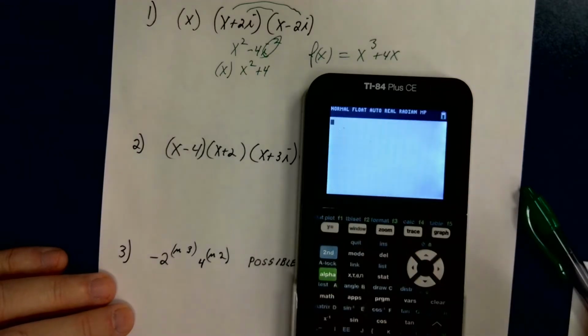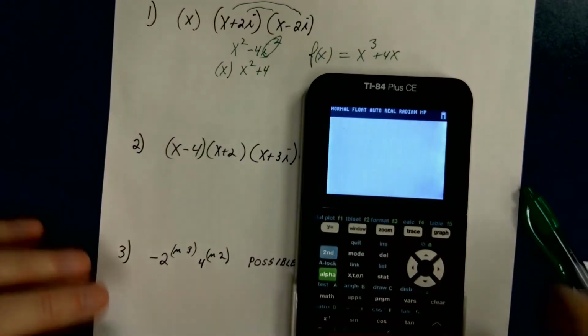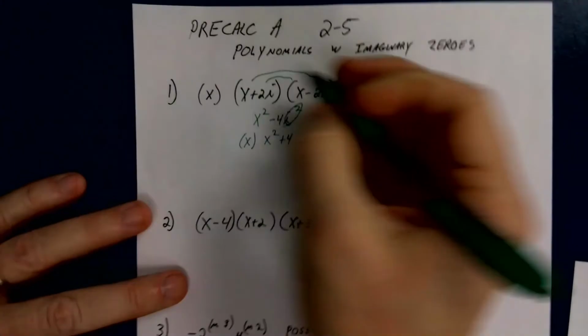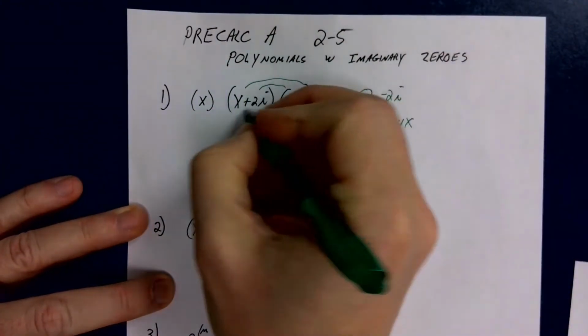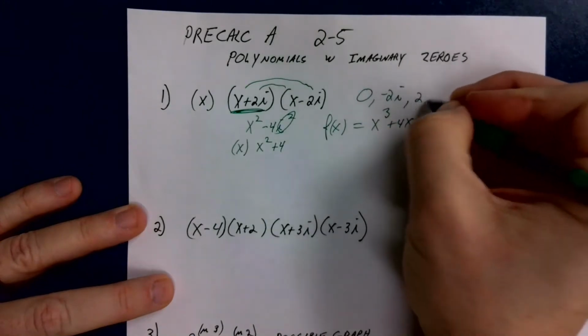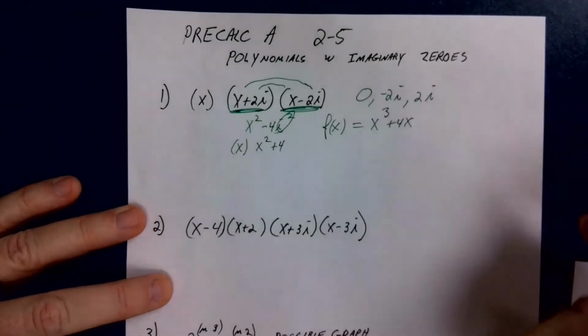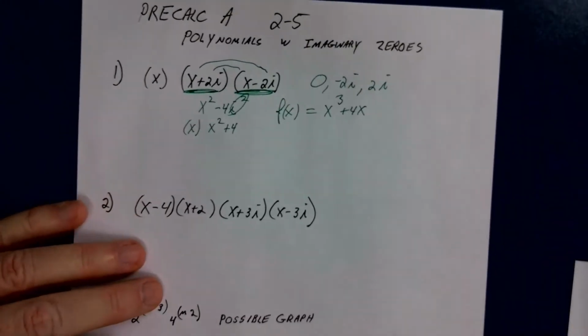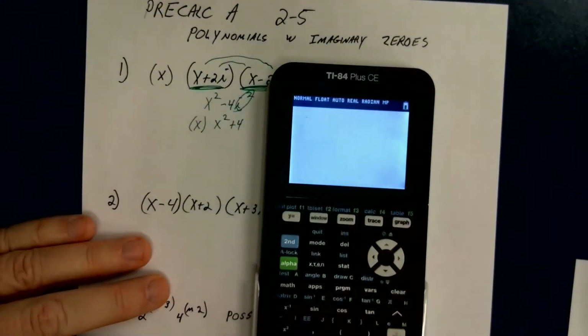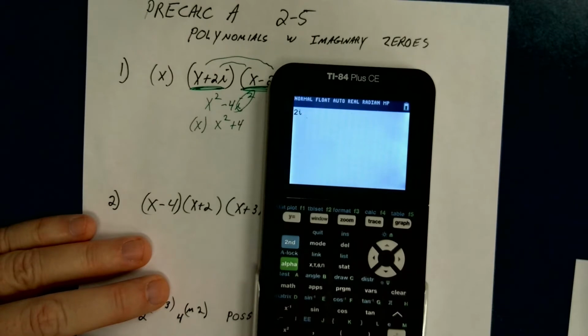So let's go to our home screen and try this. I believe, according to this, that my zeros are 0, negative 2i from this one, and positive 2i from this one, because remember, it's what makes the inside of the parentheses 0. Those are my three zeros to the function. So let's try this. 2i, store it in x.